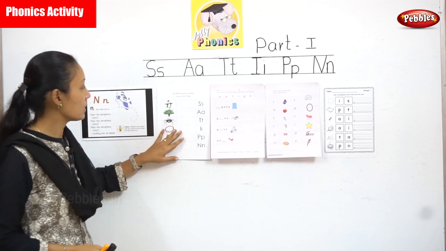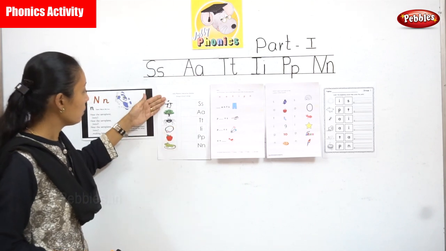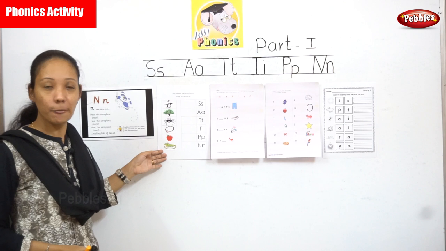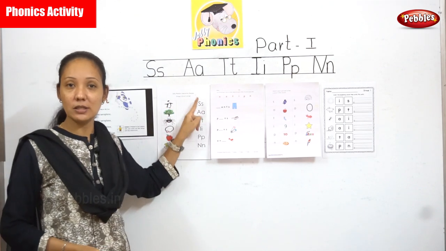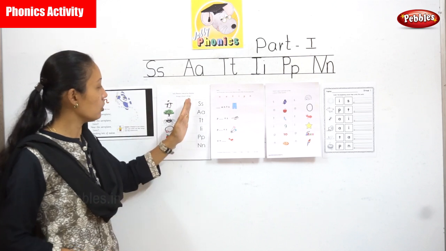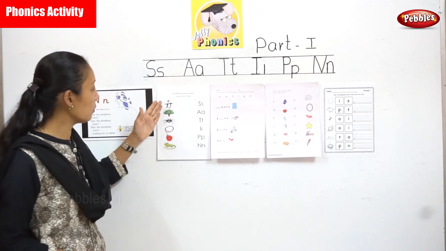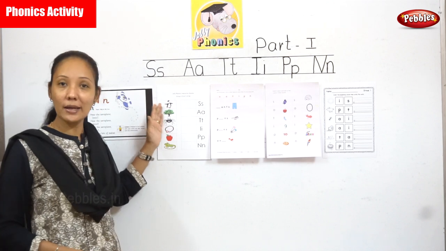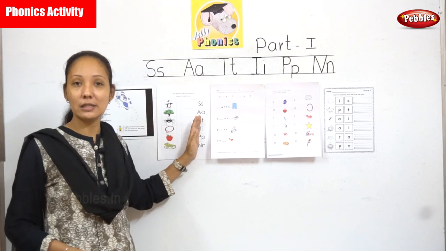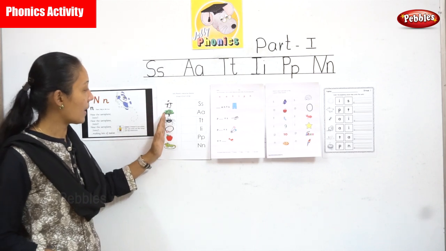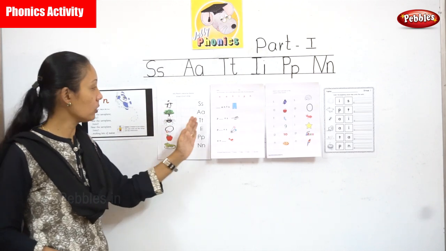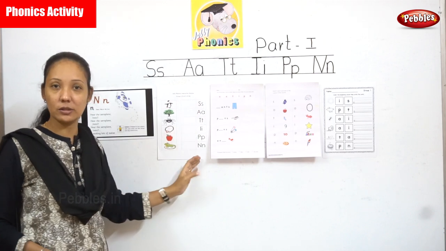Now your first picture, you can see some pictures over here, and you also have your letter and your sound. Now according to your letter and your sound, or according to the picture, we need to match your picture to the sound. All right, once again we need to match your picture to your group 1 sounds.